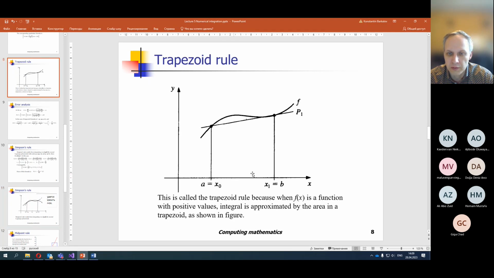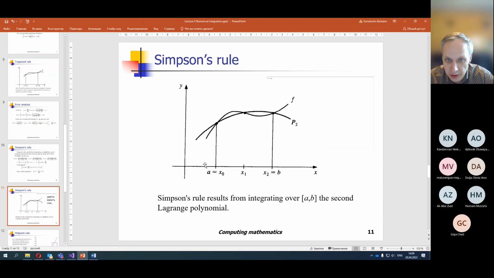If we select the h as a difference between b and a, the distance between these 2 points equals h. In Simpson rule, the h is the distance between these 2 points, and h should be 2 times smaller.